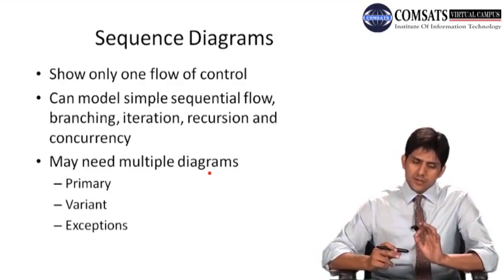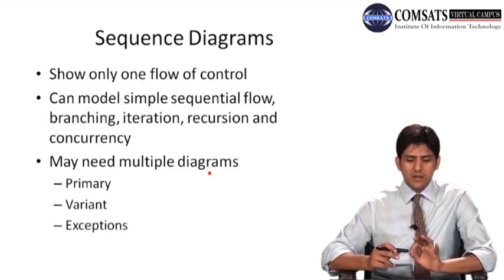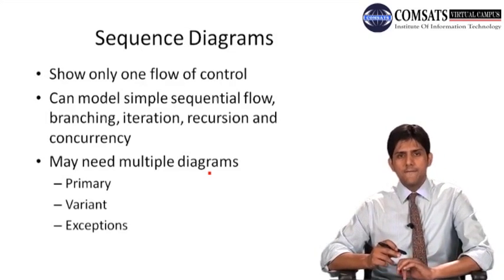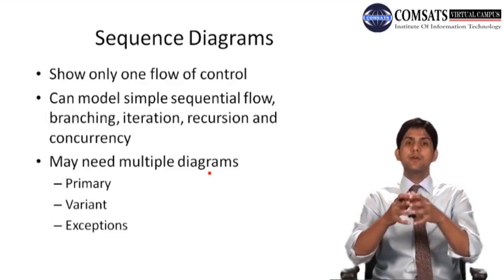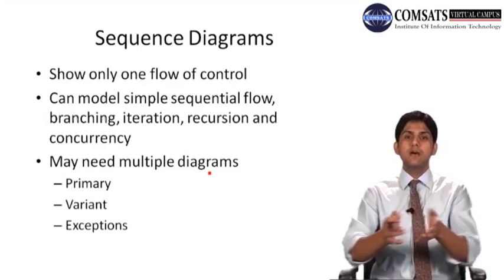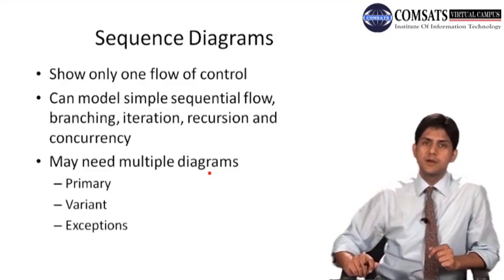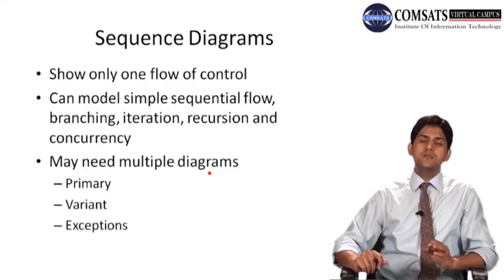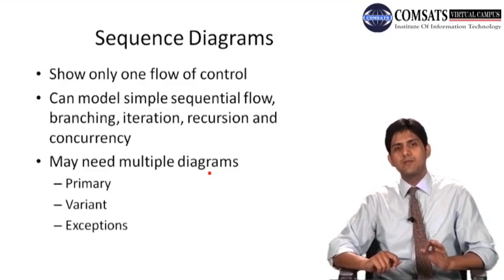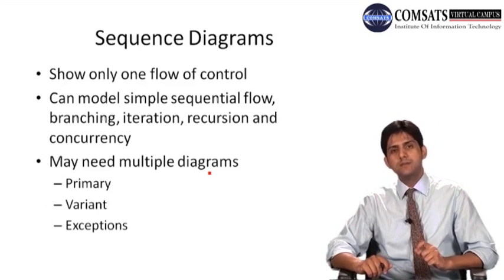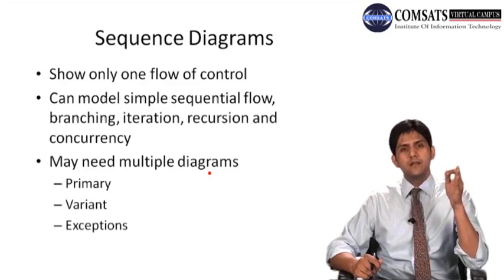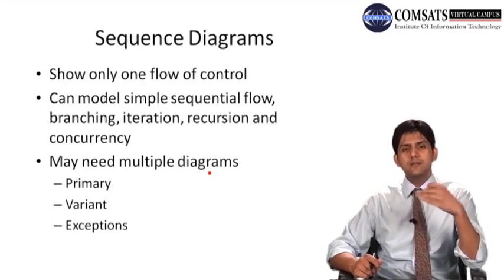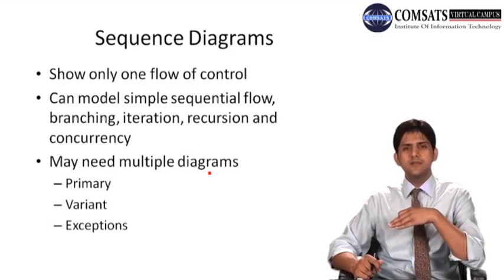Another interesting thing is that a system sequence diagram may need multiple diagrams. One we can call primary, one we call variant, or we can have exceptions. For a given scenario we can have multiple system sequence diagrams, because within a use case we have alternate courses of action, and we can either draw them within the same system sequence diagram or in a different one.